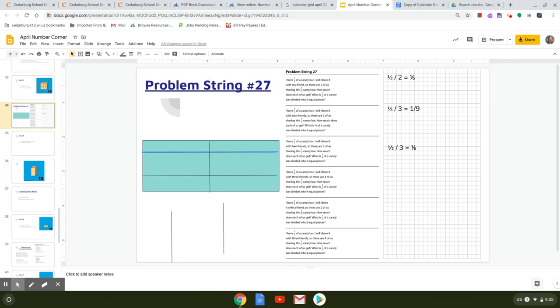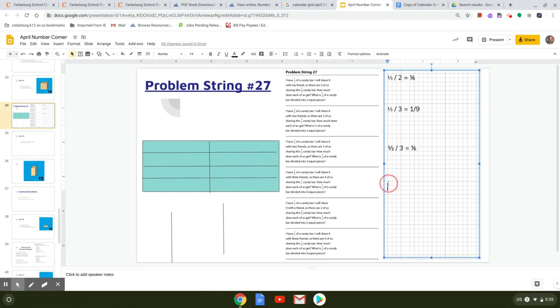Maybe I'm going to have to copy that line and add another break. Divide that in half, and then move this one down just a little bit. Maybe move it up a little bit more. There you go. So what is our math problem? I have one half of a candy bar, and I'm going to divide it into four pieces. What do you suppose my answer might be?